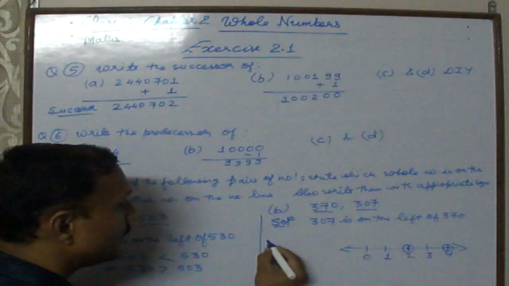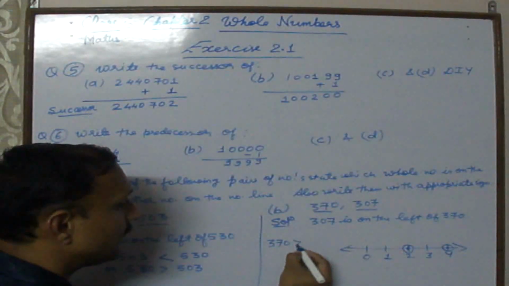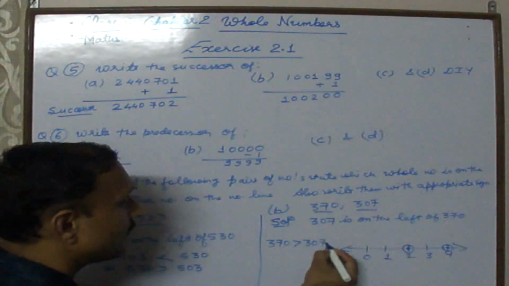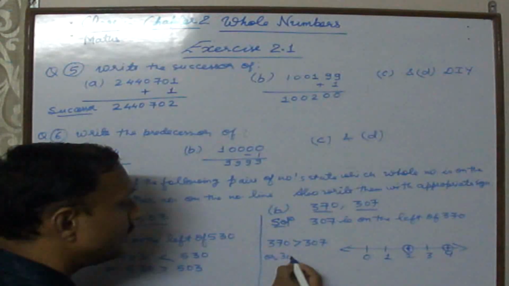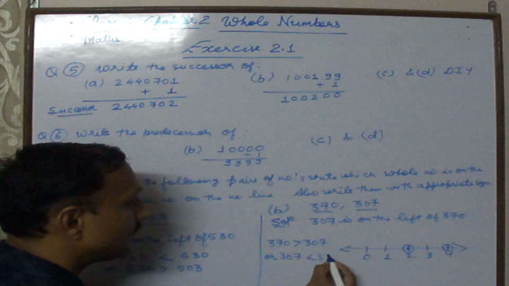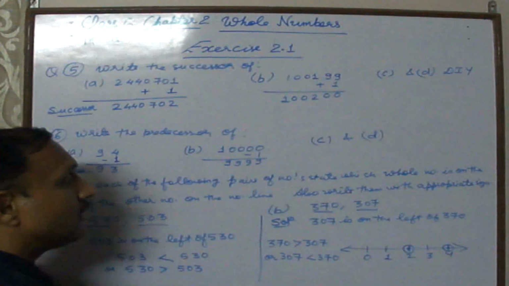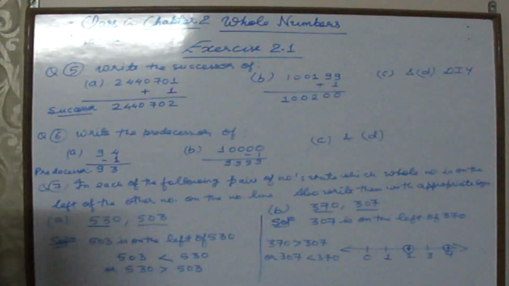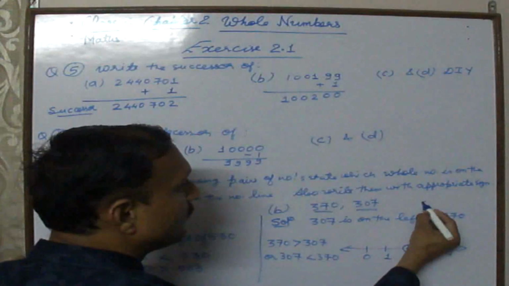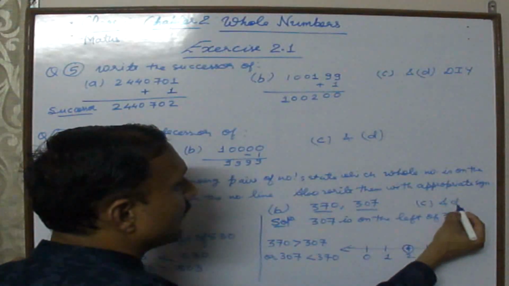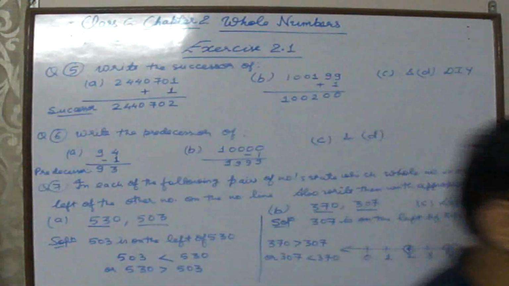So let's write 370 is greater than 307, or we can write 307 is less than 370. In this way we can easily find the number which is on the left on the number line, with the appropriate sign also. And the remaining I am giving you as homework, C and D, try yourself.